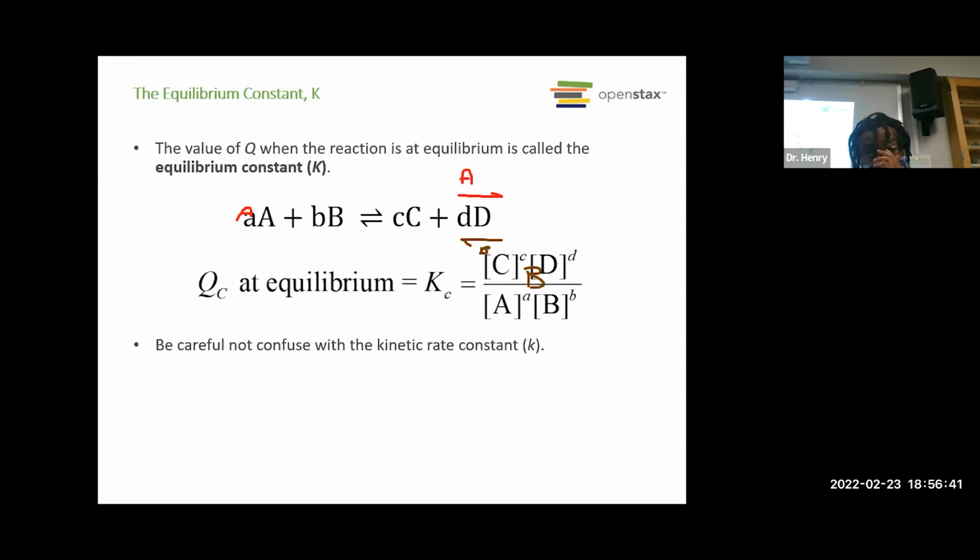Although at equilibrium, the rate going in the forward direction is going to be equal to the rate going in the backwards direction. But don't get them mistaken. The rate going in the forward direction is going to be equal to the rate going in the reverse direction at equilibrium.